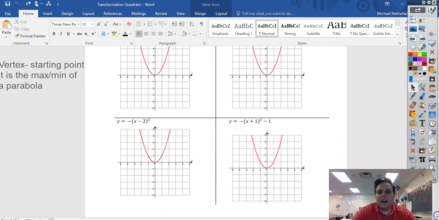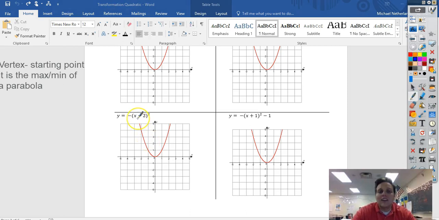So, negative x minus 2 squared. Alright, so now this guy has a couple things going on. First, we are going to the right 2, but we're also reflecting. So our a value is a -1, but remember, I ignore the negative when I'm determining vertical stretch, vertical compression. So as far as vertical stretch, vertical compression, I look at this as just 1.